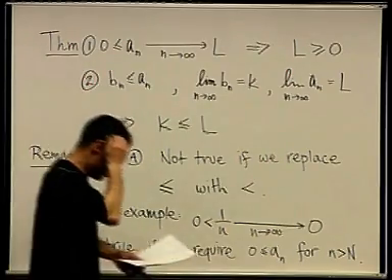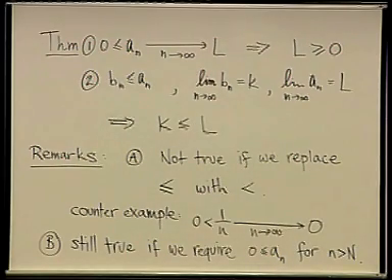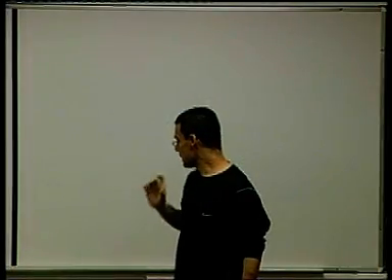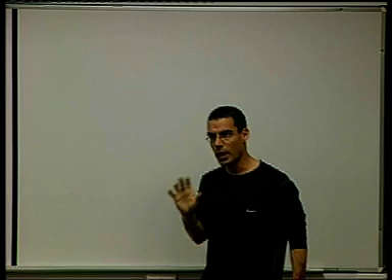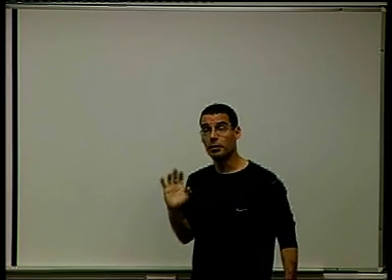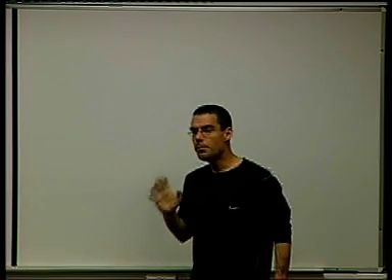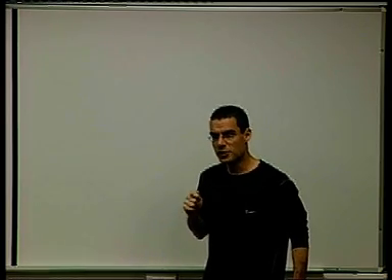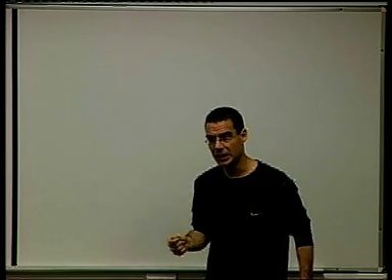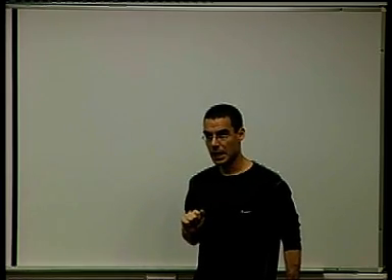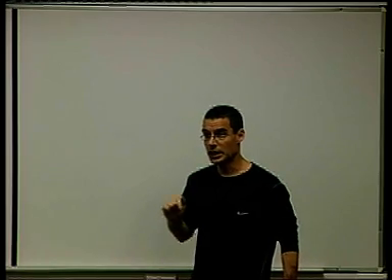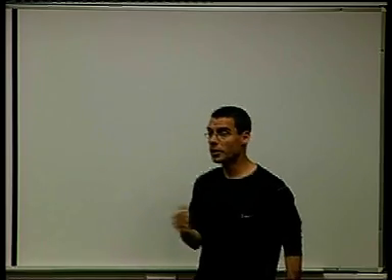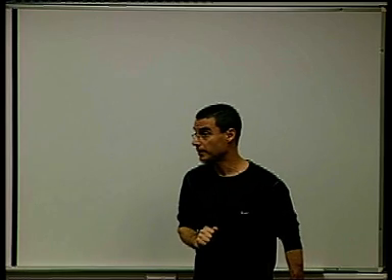So what I want to do now is move on to sequences that go to infinity. Now, this is somewhat tricky terminology-wise. Some references would say that if a sequence does not have a finite limit, then it diverges. And it can either diverge like -1, 1, or it can diverge to infinity.